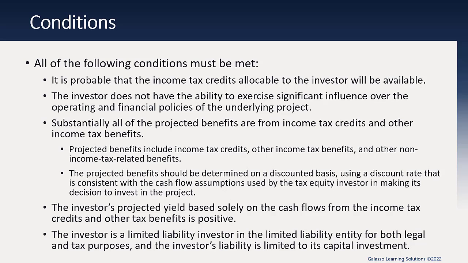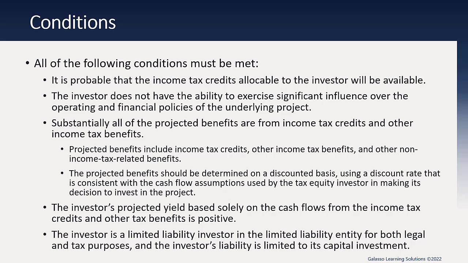You're going to be able to use the proportional amortization method. And in that scenario, you amortize the initial cost of the investment in proportion to the income tax credits and other income tax benefits received, and you recognize the net amortization and income tax credits and other income tax benefits in the income statement as a component of income tax benefit.